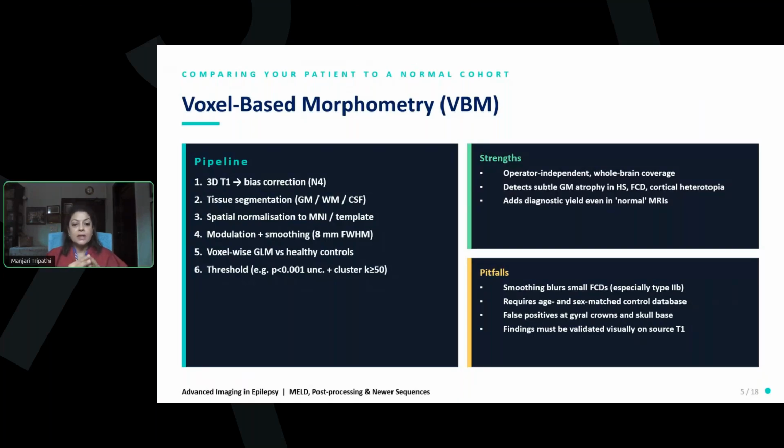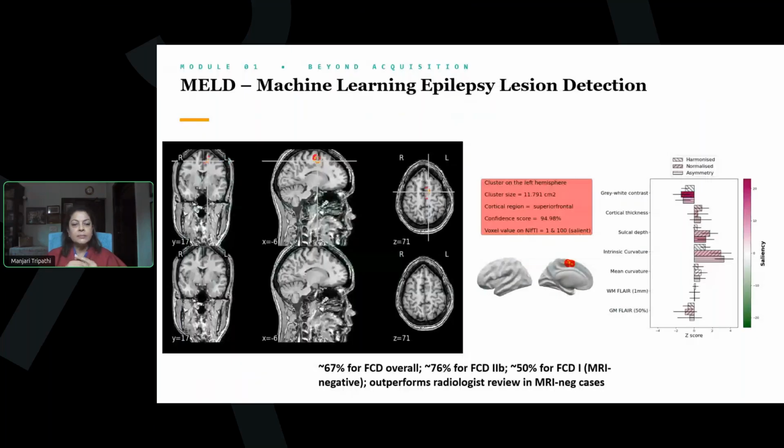Then, of course, we at our center are using the machine learning epilepsy lesion detection. As you can see in one of our patients, the MELD, which is the machine learning epilepsy lesion detection, has picked up this lesion, which is near the parasagittal cortex. And the confidence score here is 94%. So with 94% confidence, it has picked up the FCD, which is on the mesial surface.